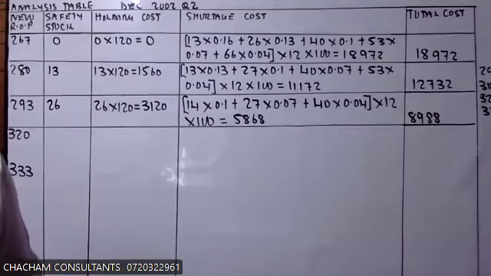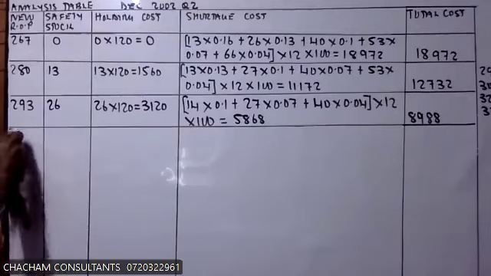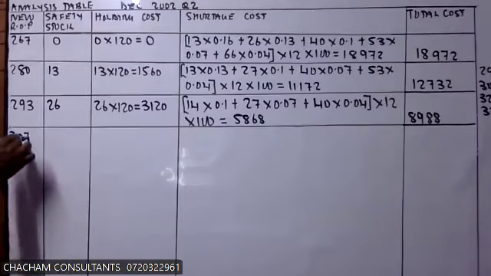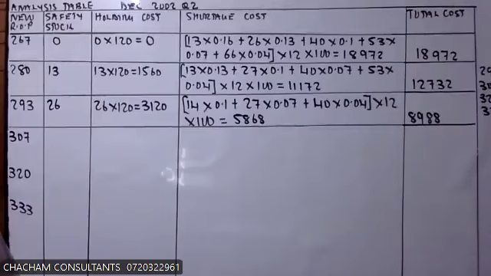What about 307? Oh, there are three, okay. So work through 307, work through 320 and work through 333. When you finish, tell me so that we compare the answers.